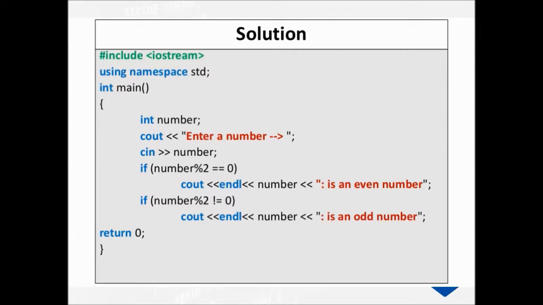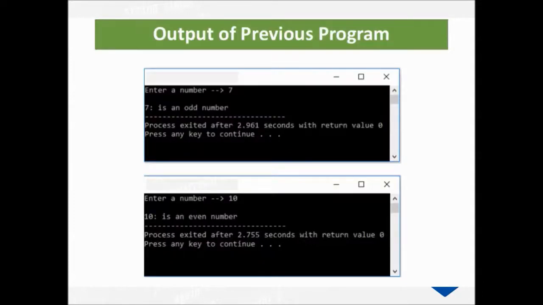The output of the program looks like this. The program asks the user to enter a number, and the user enters 7. We divide 7 by 2 and get a remainder of 1, and because there is a remainder, it prints on the screen that the number is an odd number.